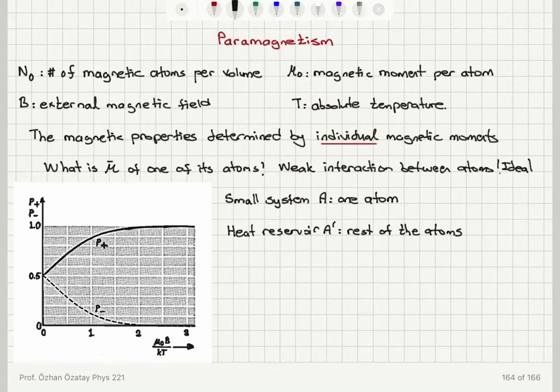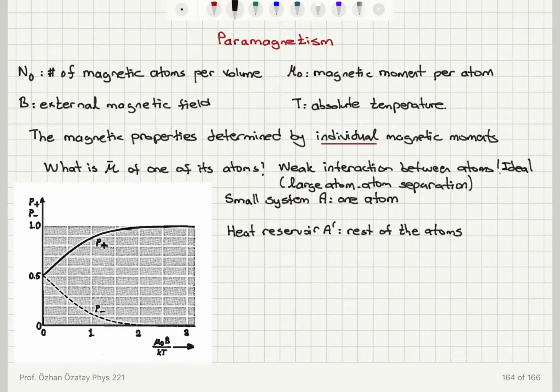The atoms are far away. So weak interaction comes from a large atom to atom separation, and therefore the only interaction I have between these atoms is a thermal interaction.